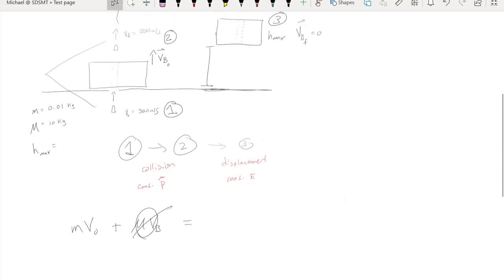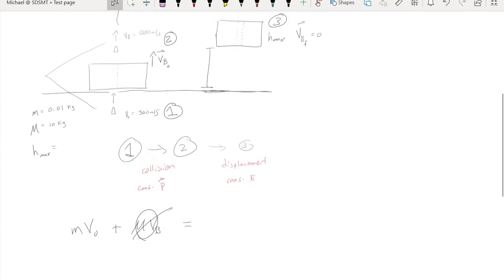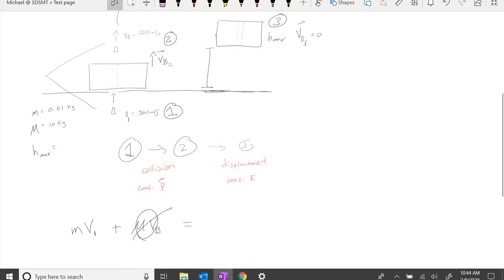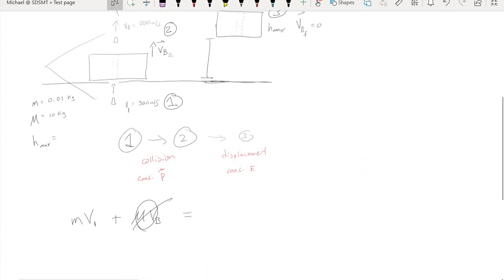After the collision, so maybe we should specify, well, we can say that velocity of bullet at site 1, that's the 300 meters per second. Velocity of block at site 2, that's after the collision.